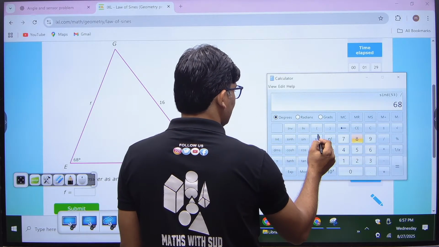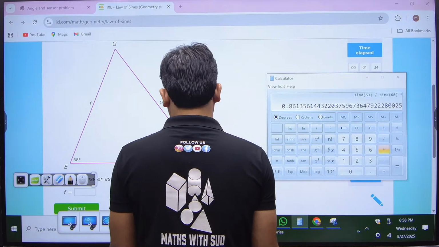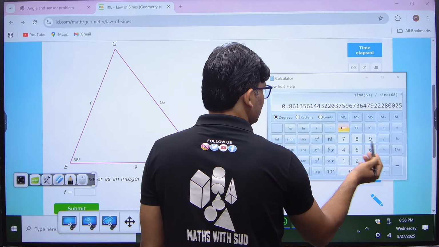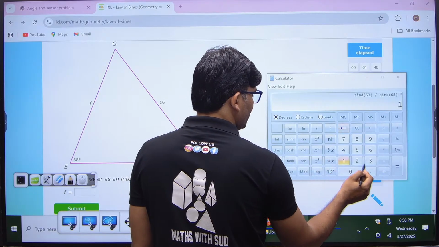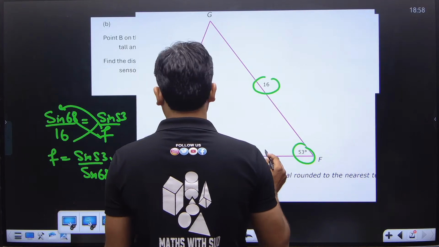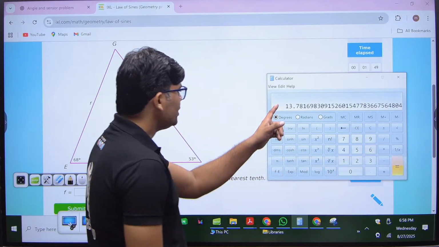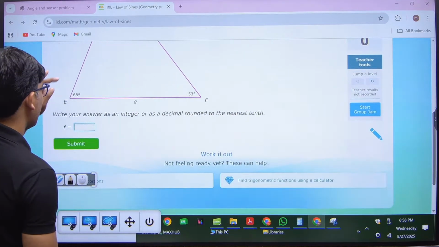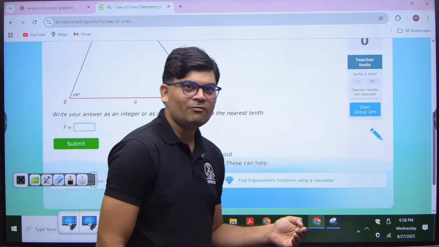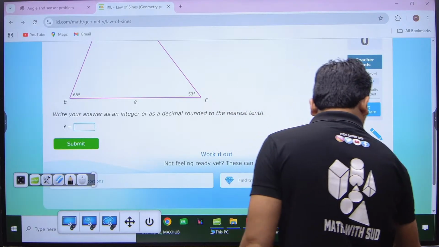So 68 sine multiplied by, sorry, before multiplying, I am multiplying it by 1 so that I do not get any wrong answer. So now I am going to multiply this by 16 and I got 13.78, and they have asked us to write the answer to the nearest 10th. So 13.78 will be 13.8. So I will write 13.8 here.